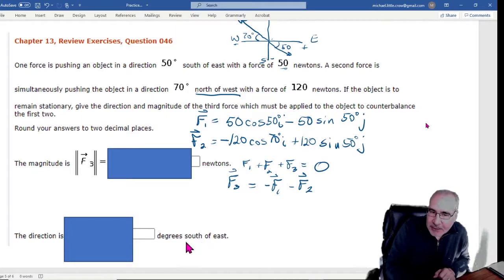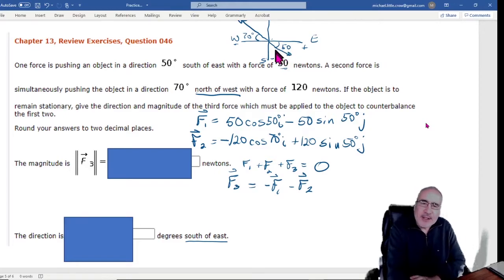They're already telling us the direction. It's got to be south of east, right? Which kind of makes sense. If you've got a bigger force pulling it to the north of west, you've got to have something counterbalancing this. So it's going to be working with this, not necessarily at 50 degrees, but we'll see.